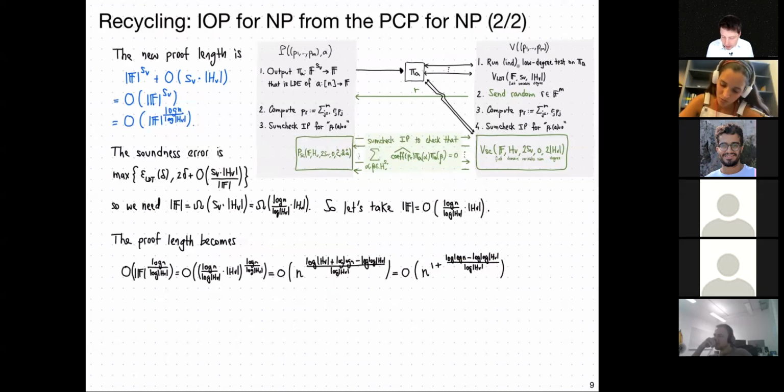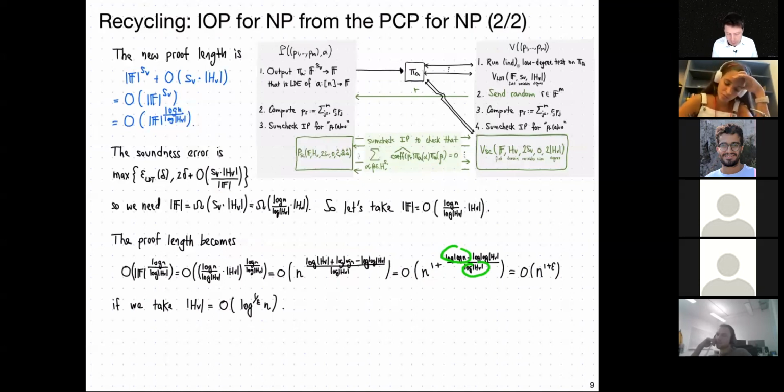Now, if you notice here, this term and this term are the ones that I want to make small. So I can make this n to the 1 plus epsilon if I just take h_v to be log to the 1 over epsilon of n.